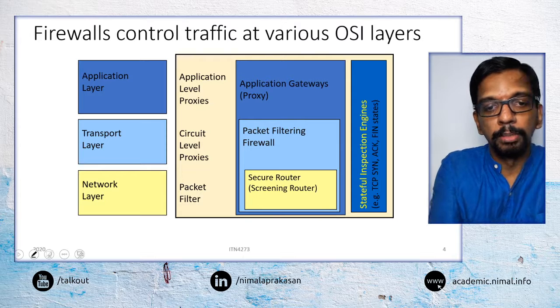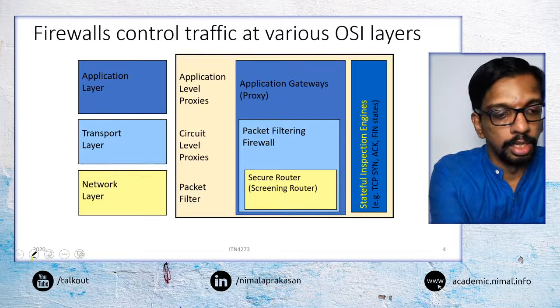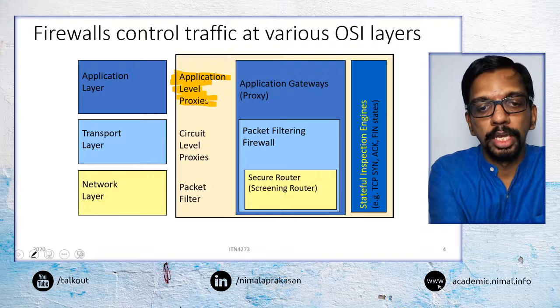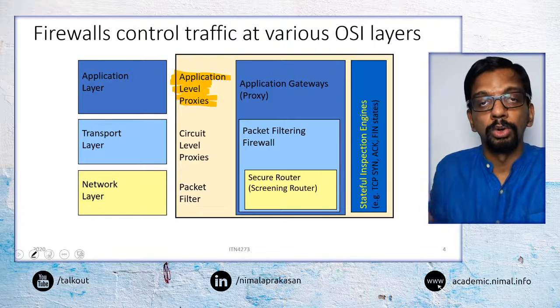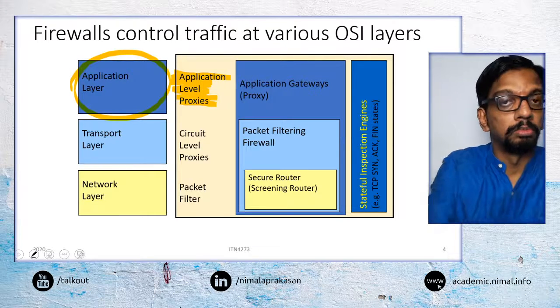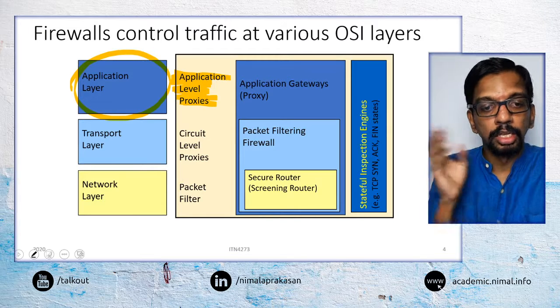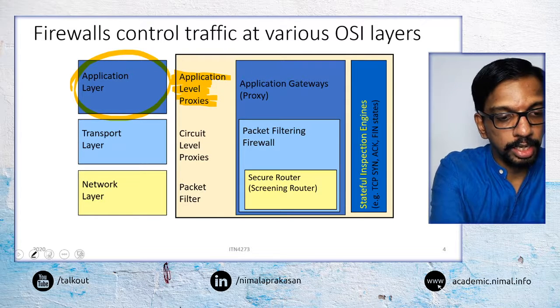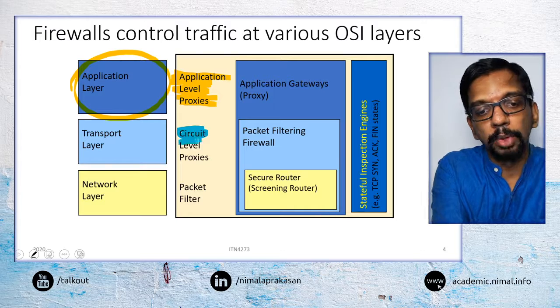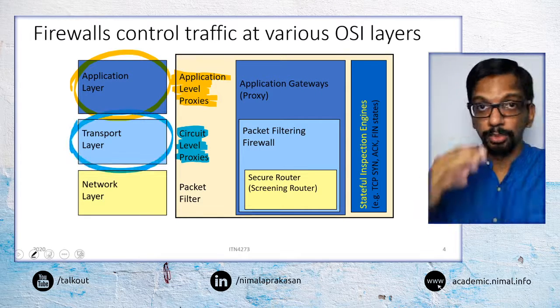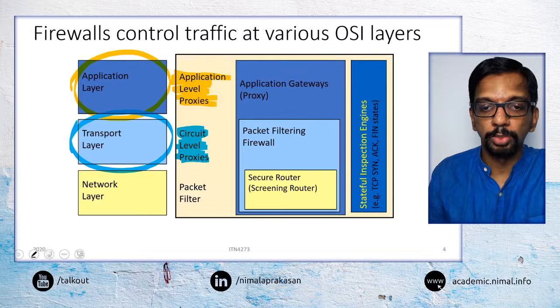So, for example, we can have application level proxies. These application level proxies can control based on identifying information on the application layer. Then there can be circuit level proxies that can protect things based on the transport layer, or information that is available on the transport layer.